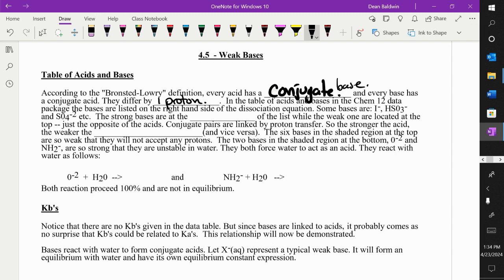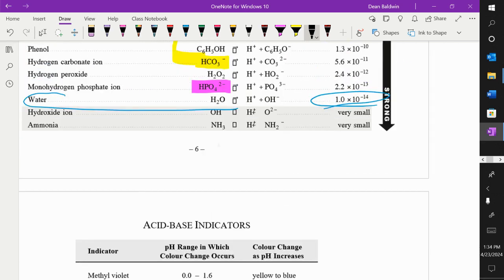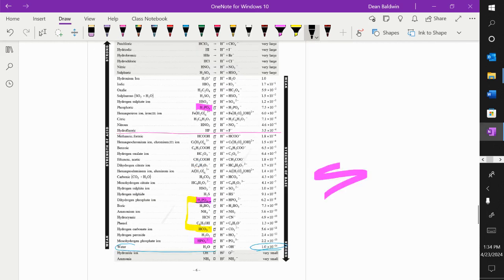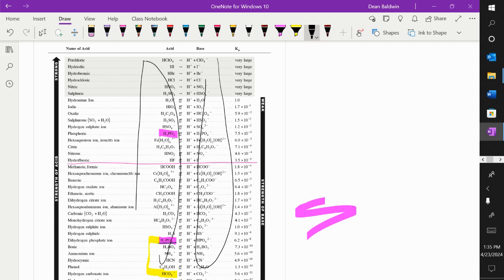If you look at our data booklet on the acid base table, all the acids are on this side of the table, increasing in strength as we go up. All the bases are on the left side of the table, weak up here, strong as you go down.